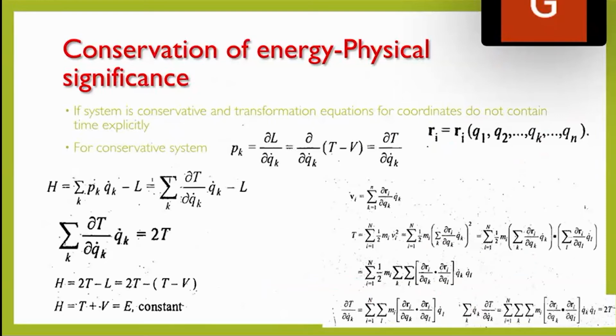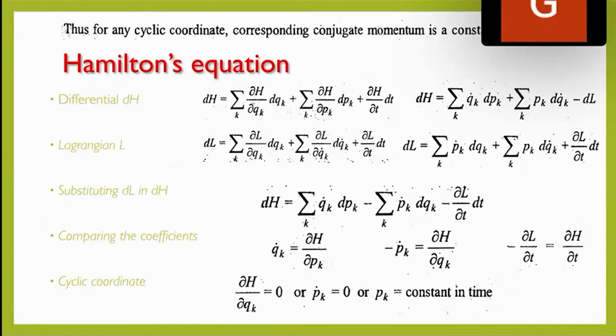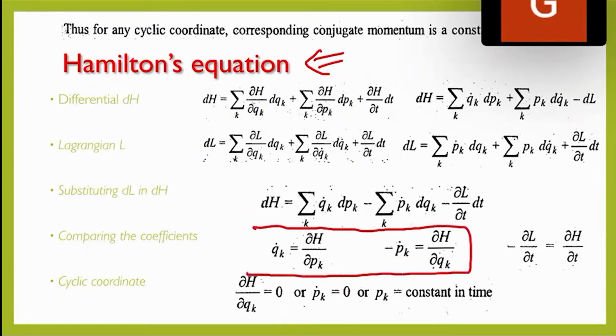Now moving on to Hamilton's equations. What will we be finding out? We will be finding these two very, very important equations, Hamilton's equations of motion, 1 and 2. Let me brief you on how to obtain them.